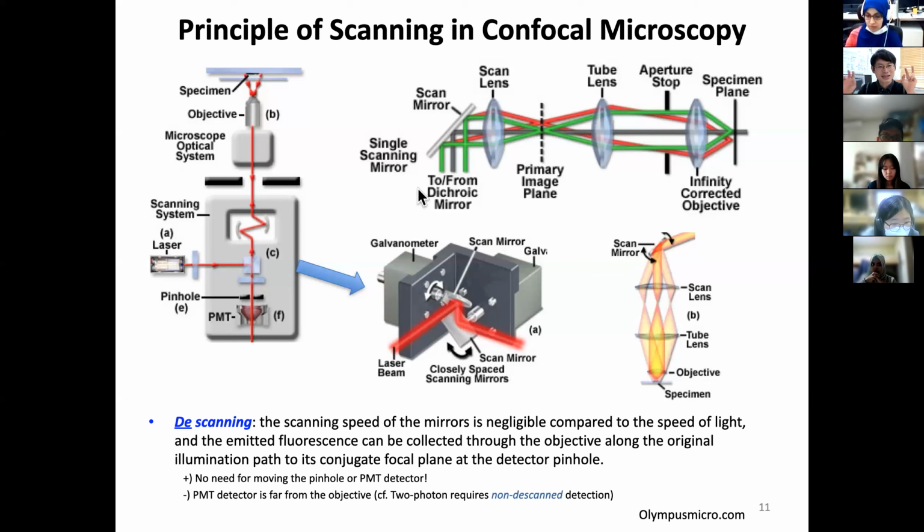And this one still will not be easy to understand at this point, but in comparison with the two-photon microscope, we call that non-descan detection. I'm sure this is not making sense to you right now, but after you learn about two-photon, you will understand why the non-descan scanner, which means the two-photon case, doesn't utilize this descanning method. Okay, but that gives, in fact, an advantage for the two-photon case.